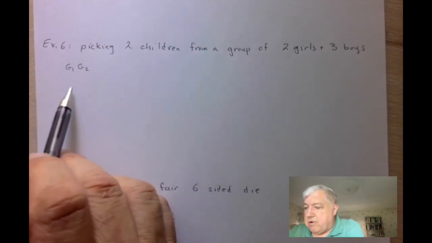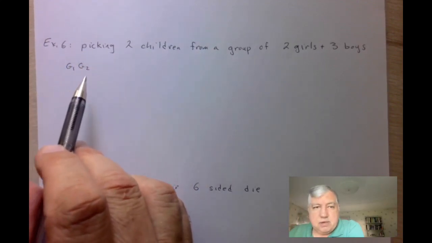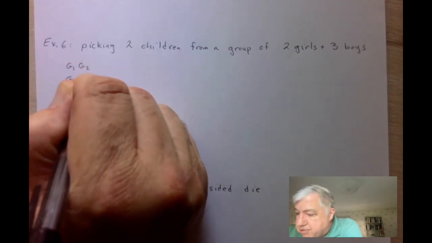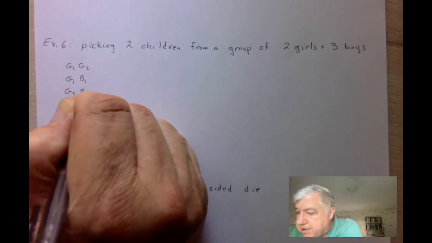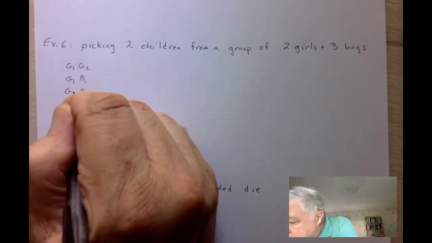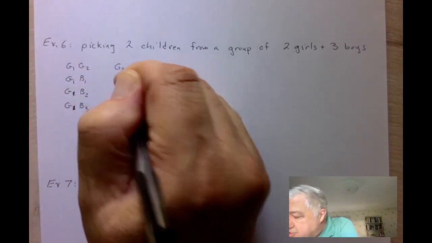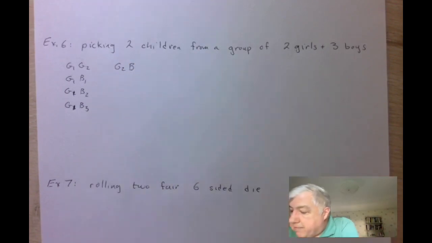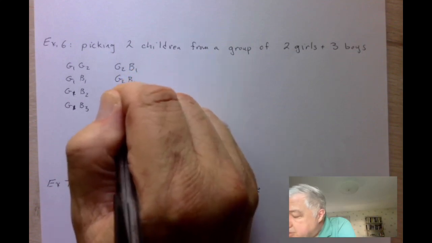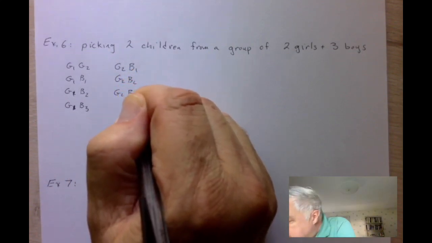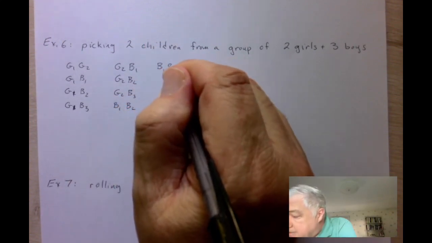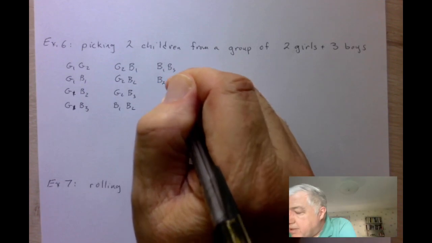And then let's go with all the other pairs with G1 in them: G1, B1, G1, B2, G1, B3. And then we could have G2, B1, G2, B2, G2, B3, and then we could have B1, B2, B1, B3, and B2, B3.